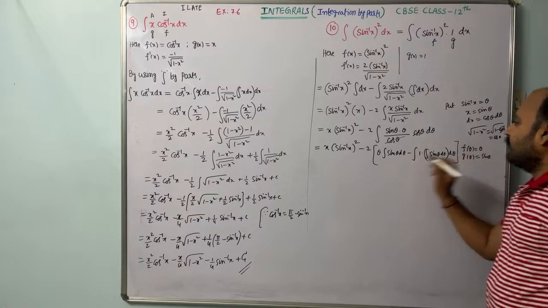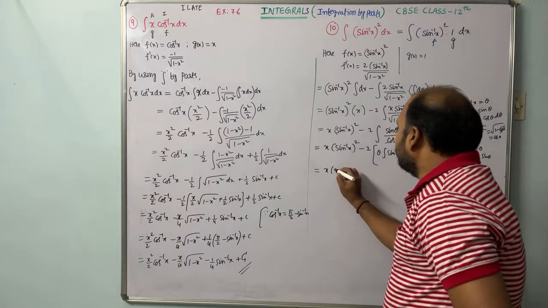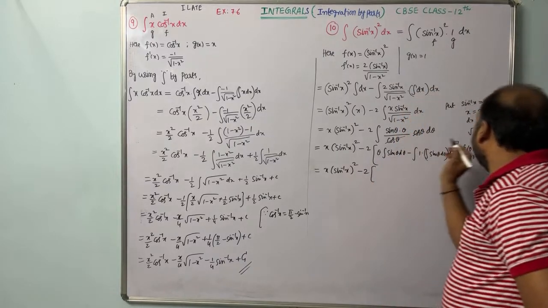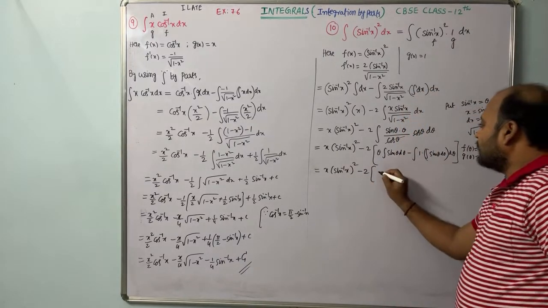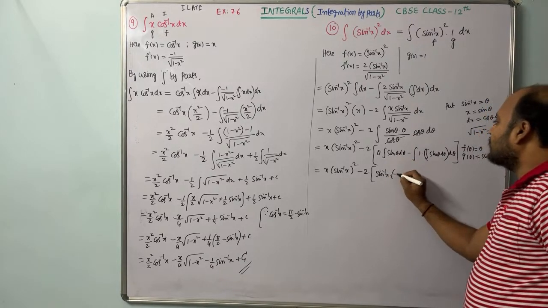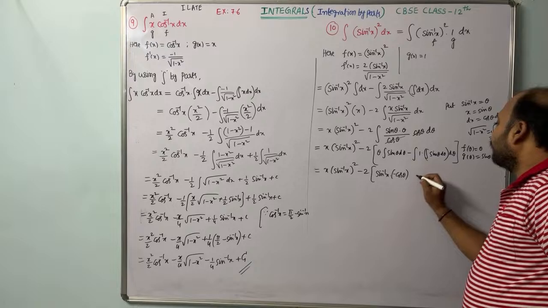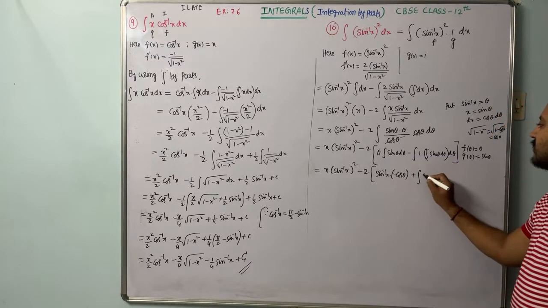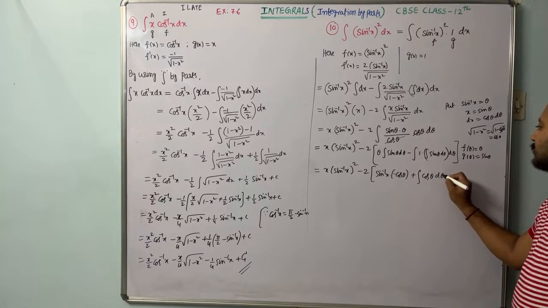Okay, which is equal to x into sine inverse x whole square minus 2 into theta value, sine inverse x. Integral sine theta d theta is minus cos theta, minus integral of minus cos theta d theta.